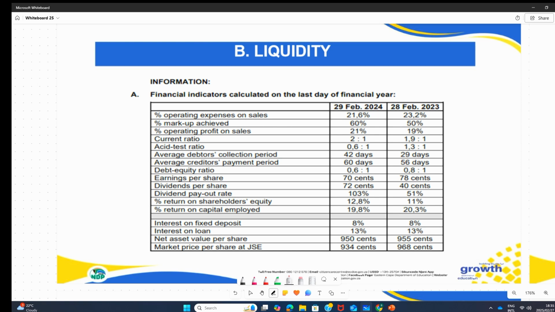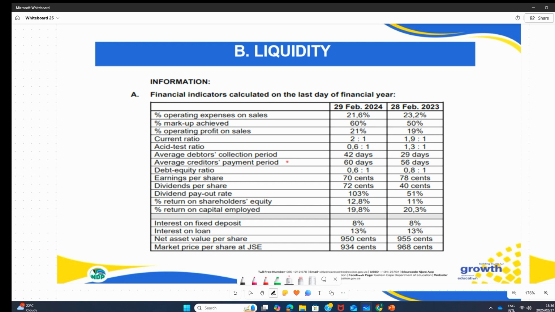Now, when we look at our financial indicators here, you will see that the financial indicators that relate to liquidity are the current ratio, the acid test ratio, our average debtors collection period, as well as our average creditors payment period. Now, when we look at these financial indicators, we now need to look at them one by one to see which of these financial indicators I have just recognized are part of the liquidity that show that the business needs to improve.